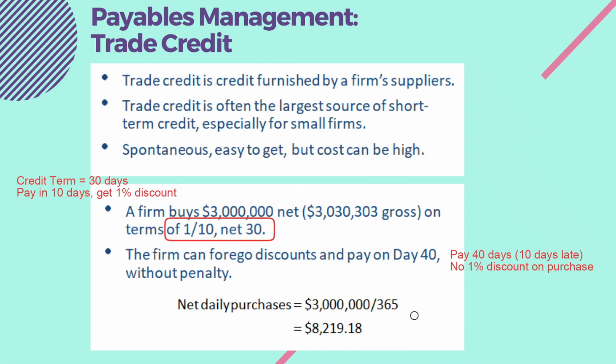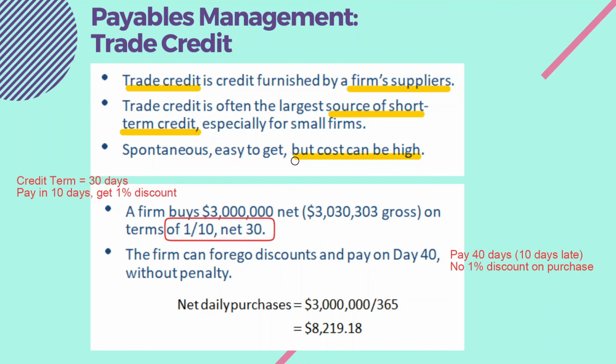For accounts payable management, we are talking about trade credit that the suppliers give to the firm. Trade credit should not be overlooked because this is a free source of short-term credit from the suppliers. It's very important, especially for small firms. However, the following demonstrated calculations will show that the cost of trade credit can be very high.